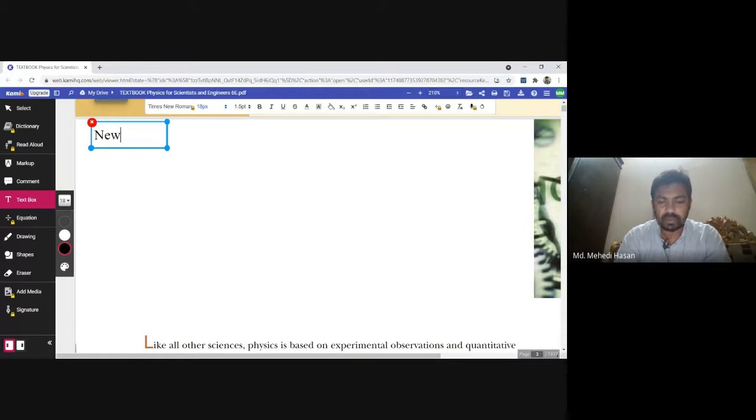Newton's first law. So first is Newton's first law.